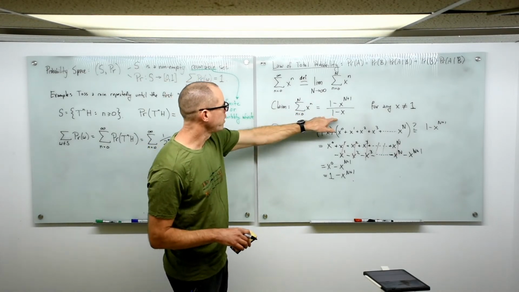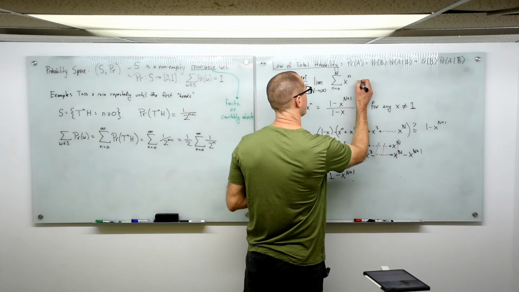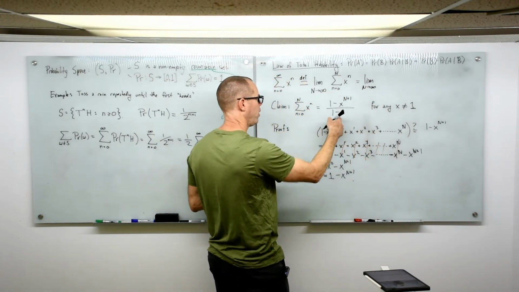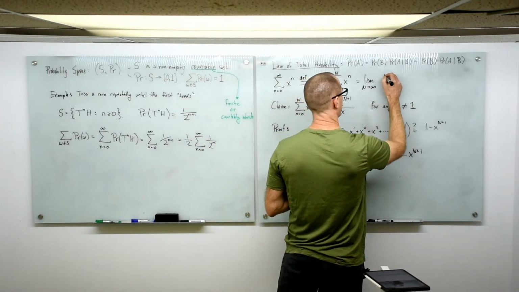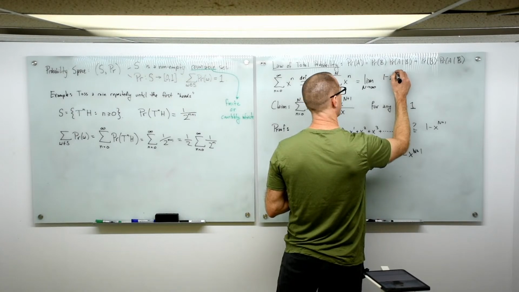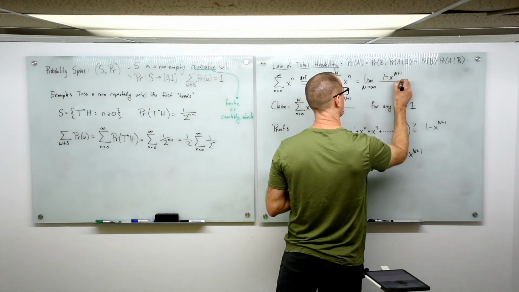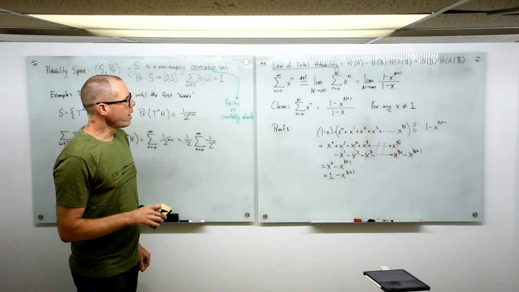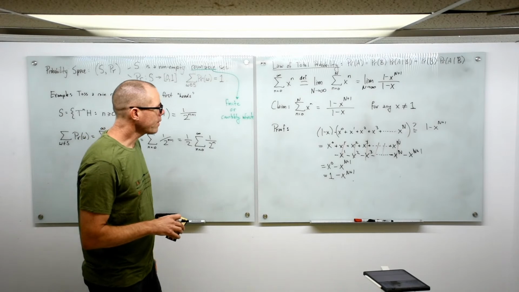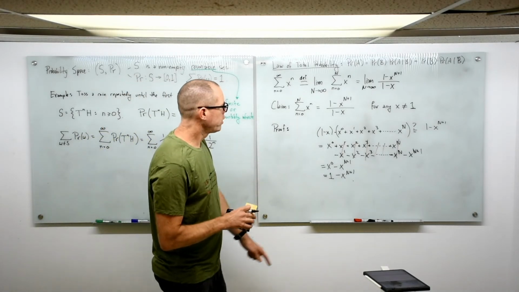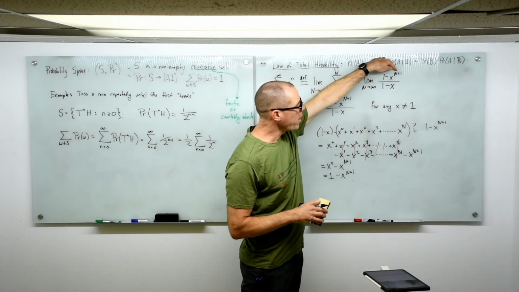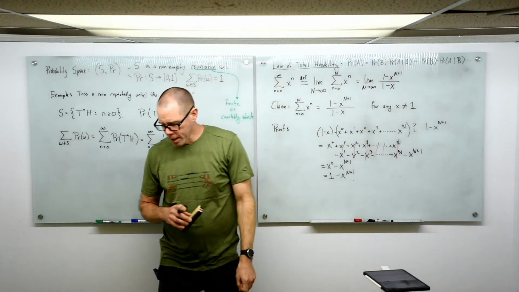This sum is equal to this, so that means that the limit as n goes to infinity of this sum is just equal to this. All right, so it doesn't totally solve it because we've still got this x to the big N here.